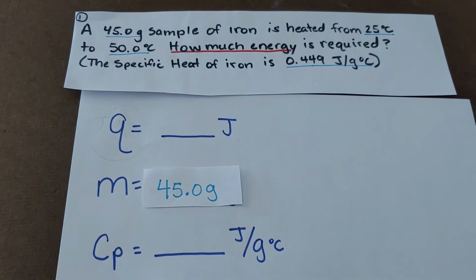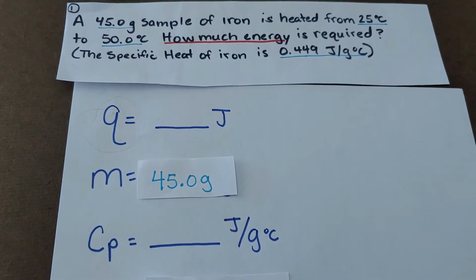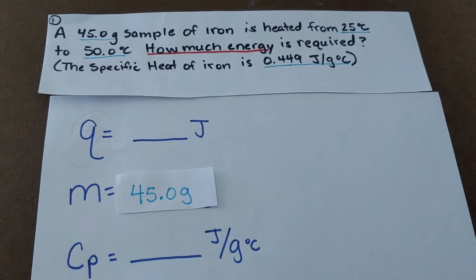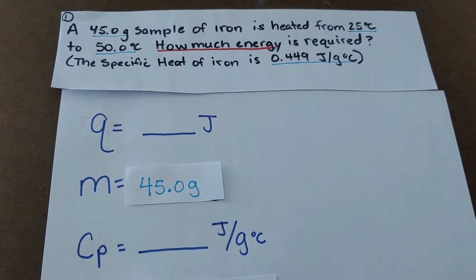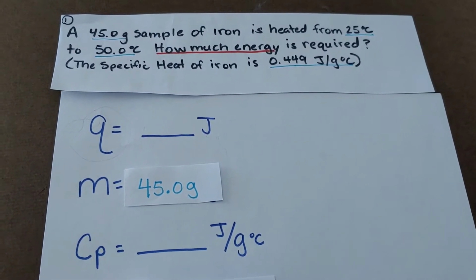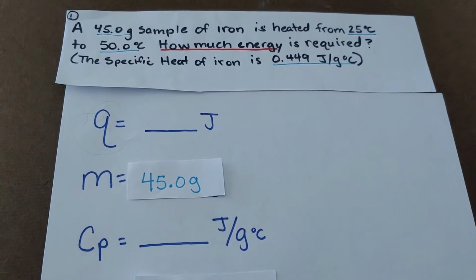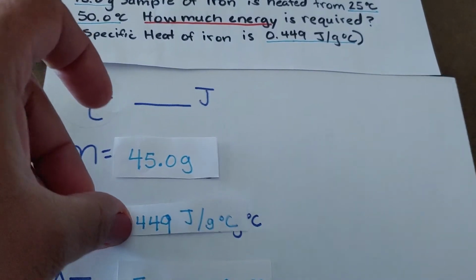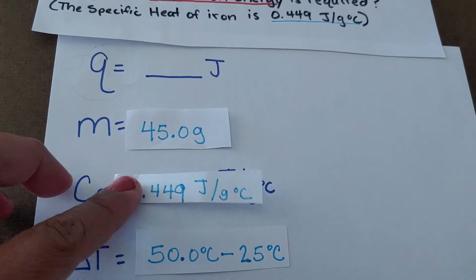As we continue reading, it says how much energy is required, so Q is our unknown. The specific heat of iron is 0.449 joules over grams times degrees Celsius, so we can fill that in because specific heat is given to us.